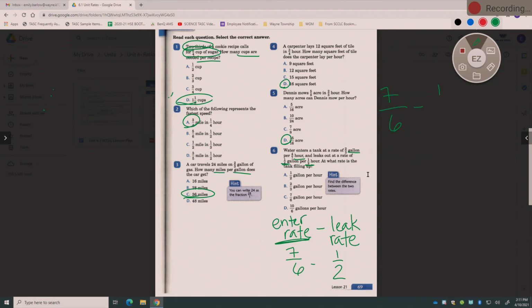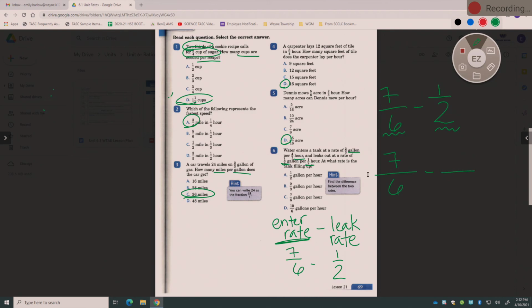7/6 minus 1/2. If I am adding or subtracting fractions, my denominator has to be the same in both of my fractions. And right now I've got one denominator that's 6 and one denominator that's 2. So I need to find something that 6 and 2 both go into. Well, thankfully, that's 6. So 7/6 stays 7/6.